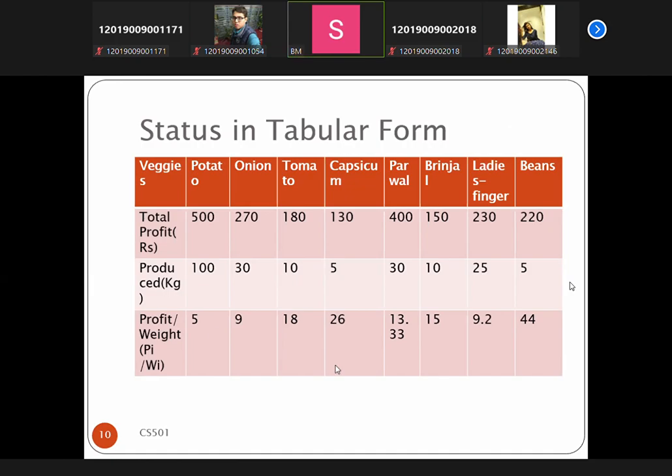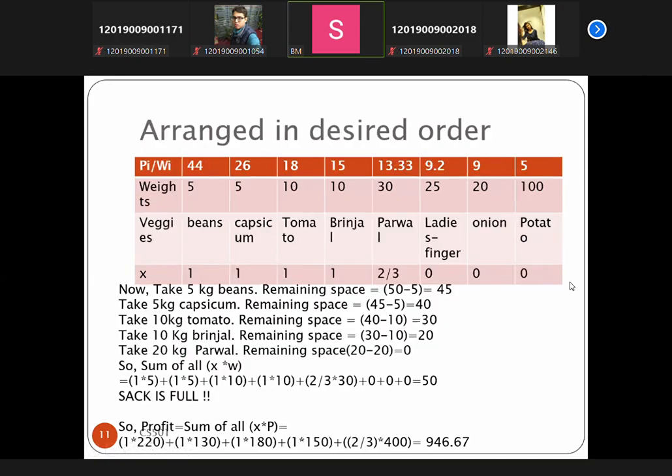So this way, as long as the space is available, things will be taken. You may reach a situation where the total weight may not be taken. If you continue this way, when you take beans, 45 kg remains, then you take capsicum, this much remains.